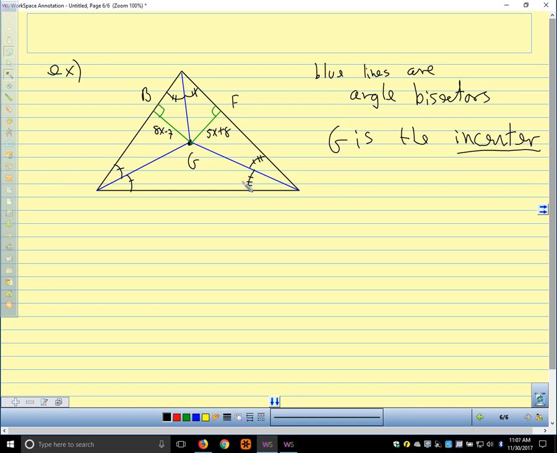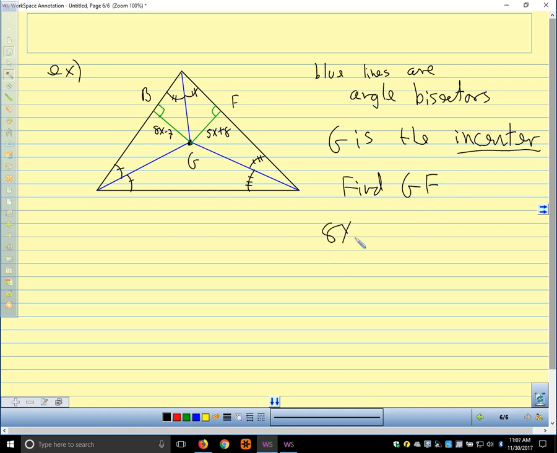What would we know about those two lengths? They have to be the same. Those are the distances to the side. So if the problem says find GF, well, we know that these two are the same.